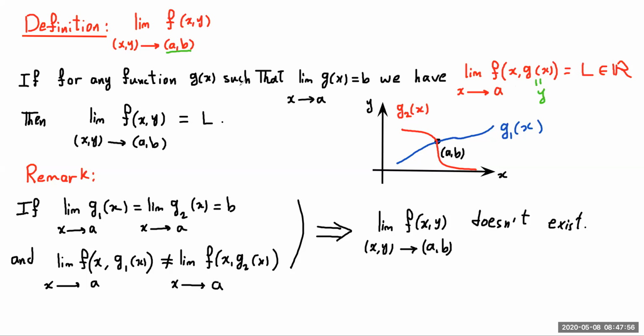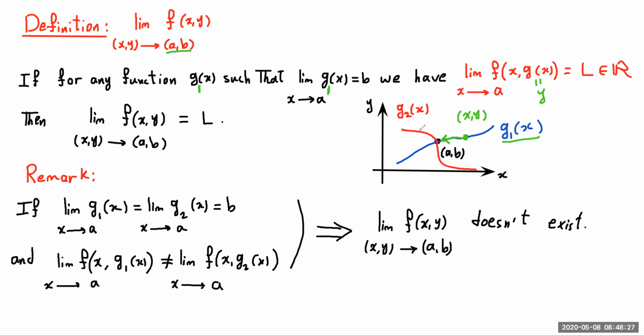This means if I choose at first g1, satisfying this condition, like this one in blue, and if I suppose that the point (x,y) approaches the point (a,b) in this direction, on the graph of the function g1, the limit of f will be L for g1.